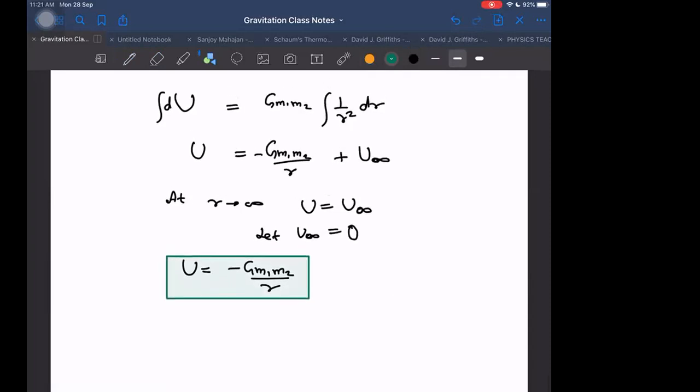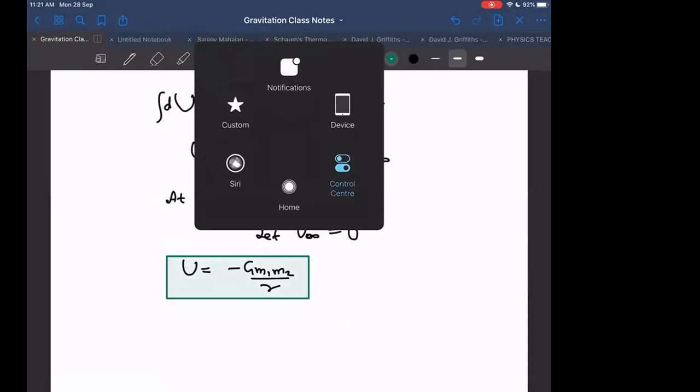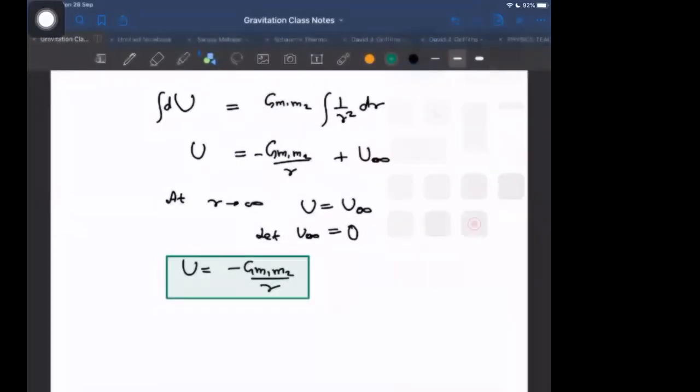Next, we can think now. U is given by this. Okay, fine. Next, multiple such particles can be there: one particle, second, third, fourth, and for those particles also we can write the potential energy.